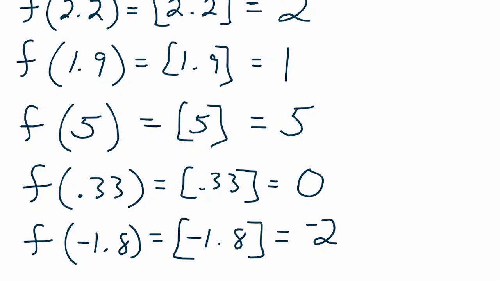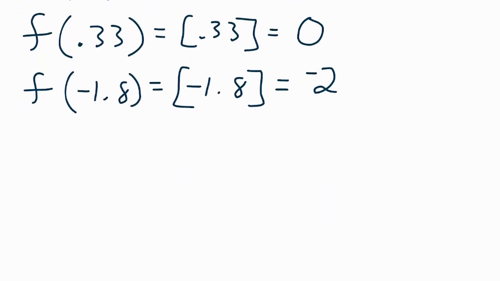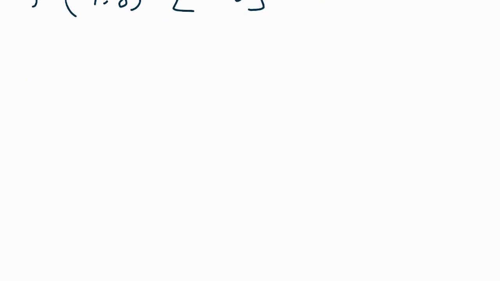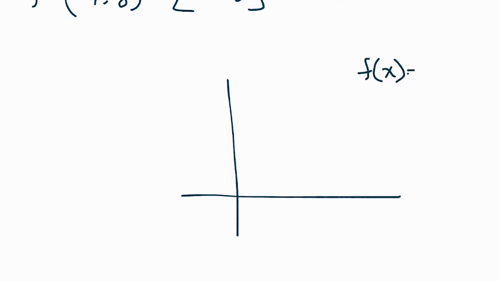Now, what's this got to do with limits? We're getting there, but we need a graph. So what we're going to do is graph the greatest integer function. And what you want to understand is that this is the graph of the greatest integer function today, tomorrow, yesterday. This is the graph all the time. And it's really just a matter of thinking about input and output.